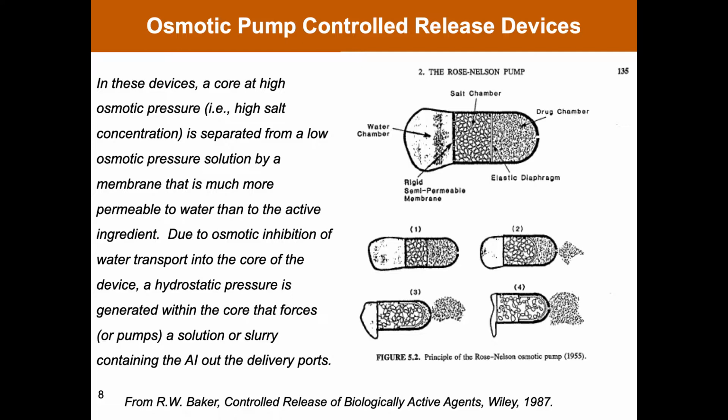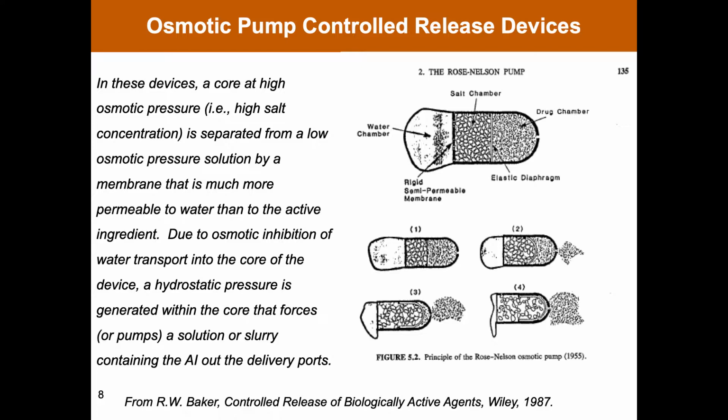There's an opening for it to come out. And this would be a case where the drug would not normally be soluble in the environment in which it's going to be released. There's an elastic diaphragm, and behind it a chamber containing an osmotic agent, which is often a salt or sugar, and then a membrane that is permeable to water.